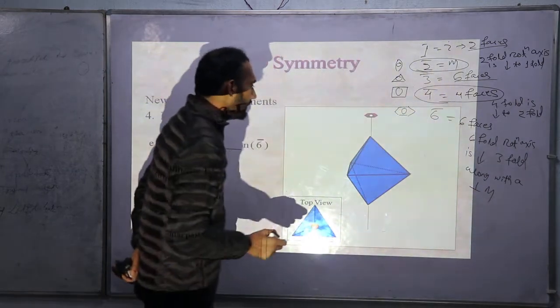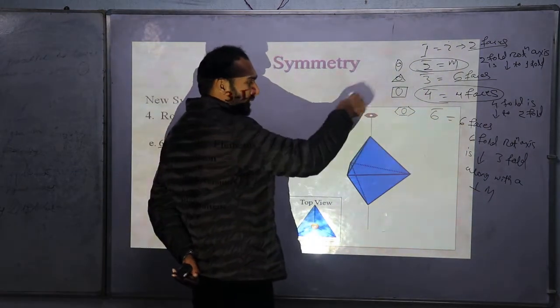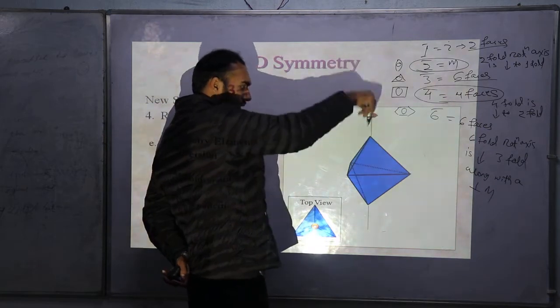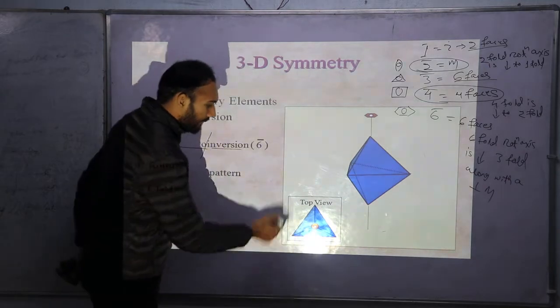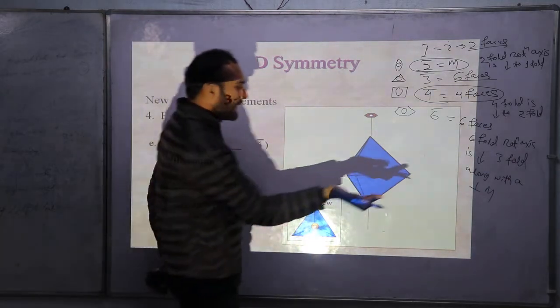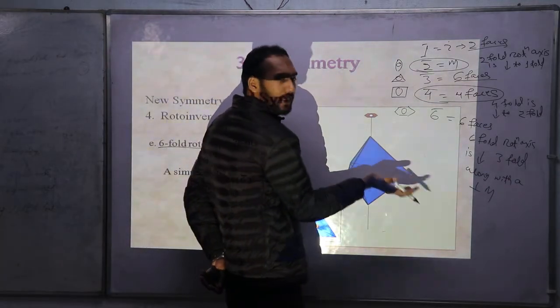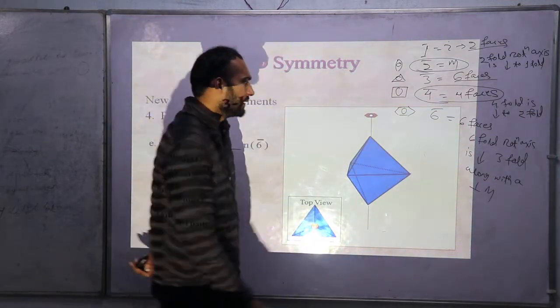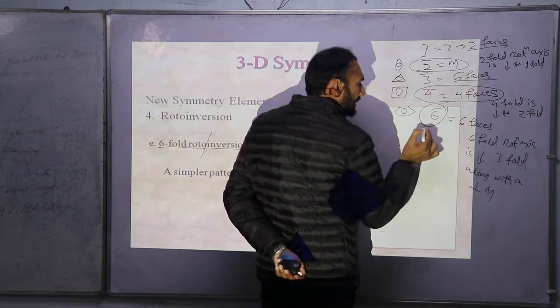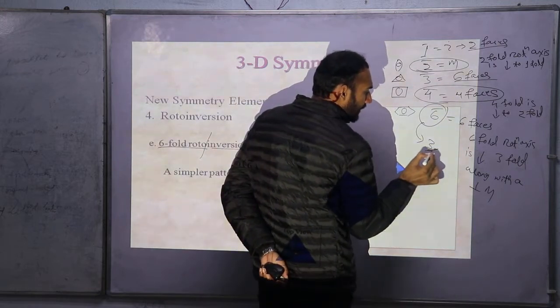If you see, this is the rotation axis, this is the rotation axis, right? Where we are finding 3 faces, and the mirror plane is perpendicular to the rotation axis. So 6 bar is reduced to 3 by m.